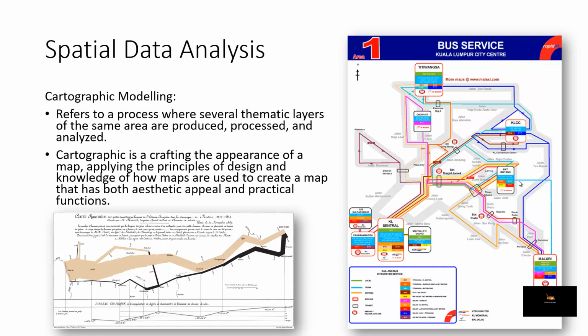When you take a look at the map, you couldn't understand where on earth this is, right? But the map has its purpose, which is to show the movement of the military troops from France, if I'm not mistaken, to Russia.